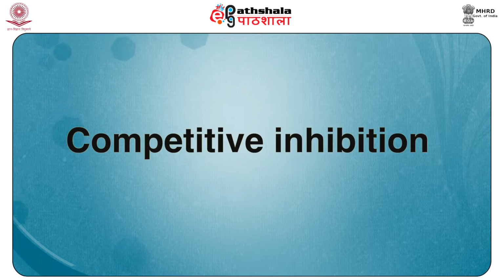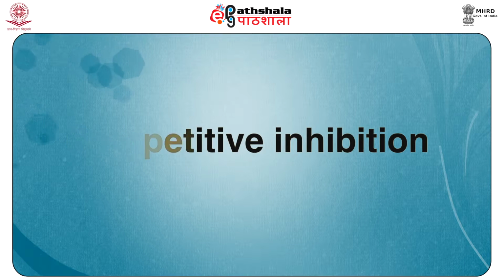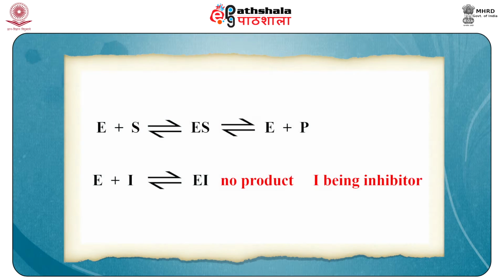Let us look in detail at competitive inhibition. The equations in a competitive inhibition are E plus S giving rise to ES, which then gives rise to enzyme and product. In another set of reactions, enzyme plus I giving rise to EI, and that cannot give rise to product because I is an inhibitor.